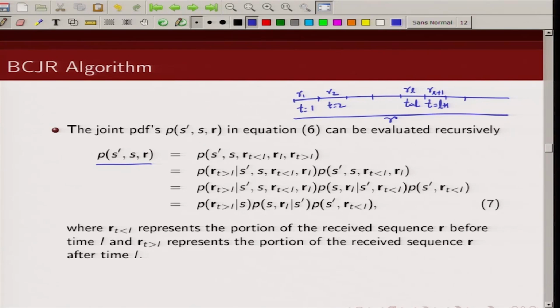Okay. Now, what I am doing is I am partitioning that received sequence into 3 segments.